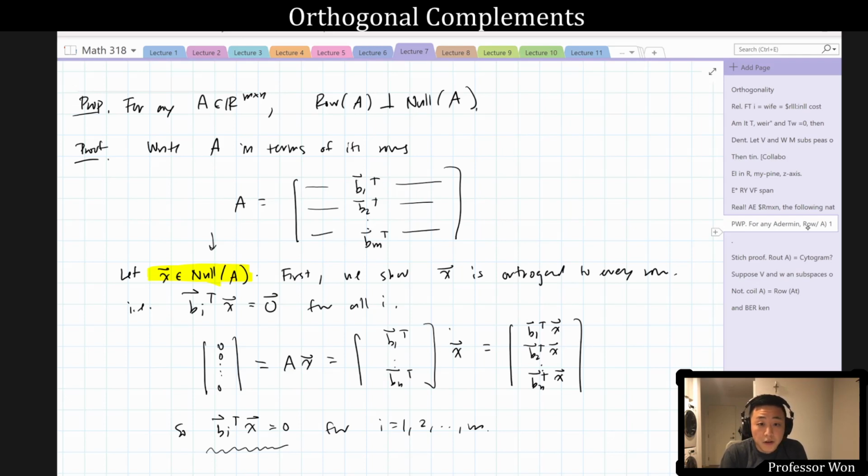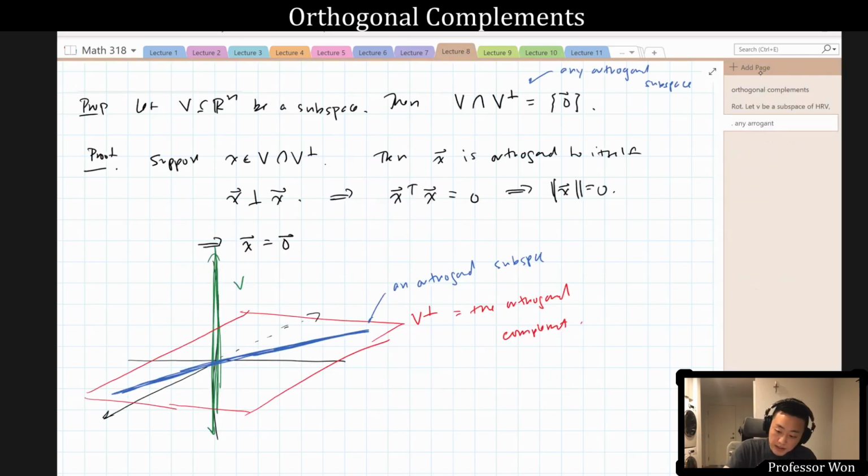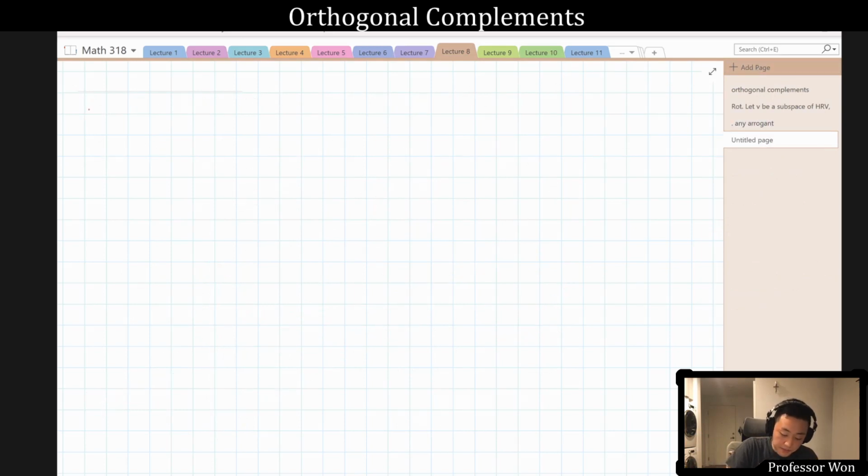Because we know that the null space is orthogonal, but it might not be every orthogonal vector. But it turns out that it is. So actually the row space and the null space are orthogonal complements. They are orthogonal to one another, and in fact the null space is every vector that's orthogonal to the row space. So let's state that as a theorem. That's a useful thing to know.